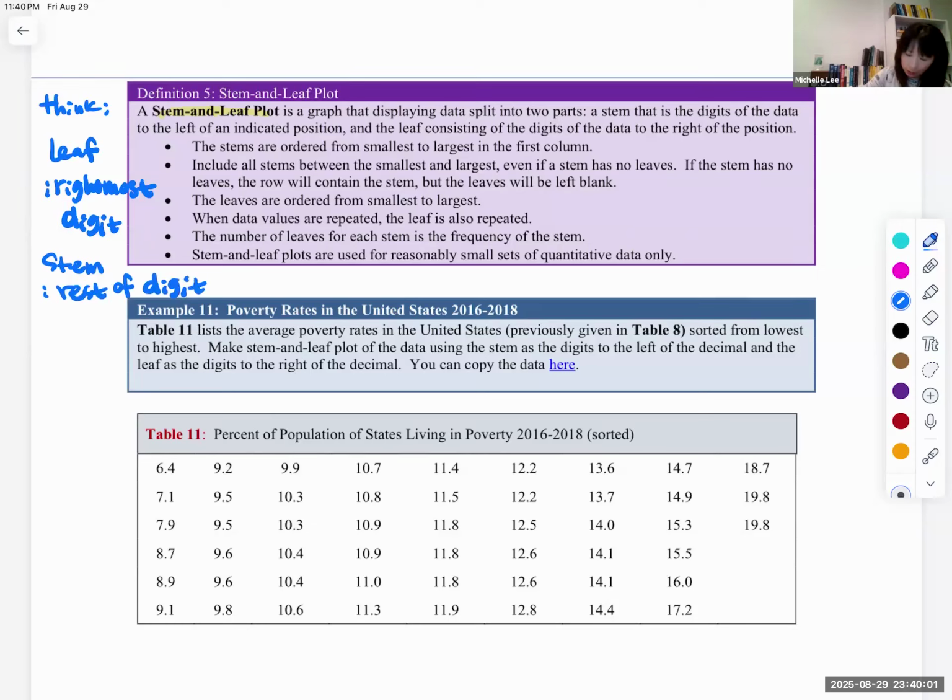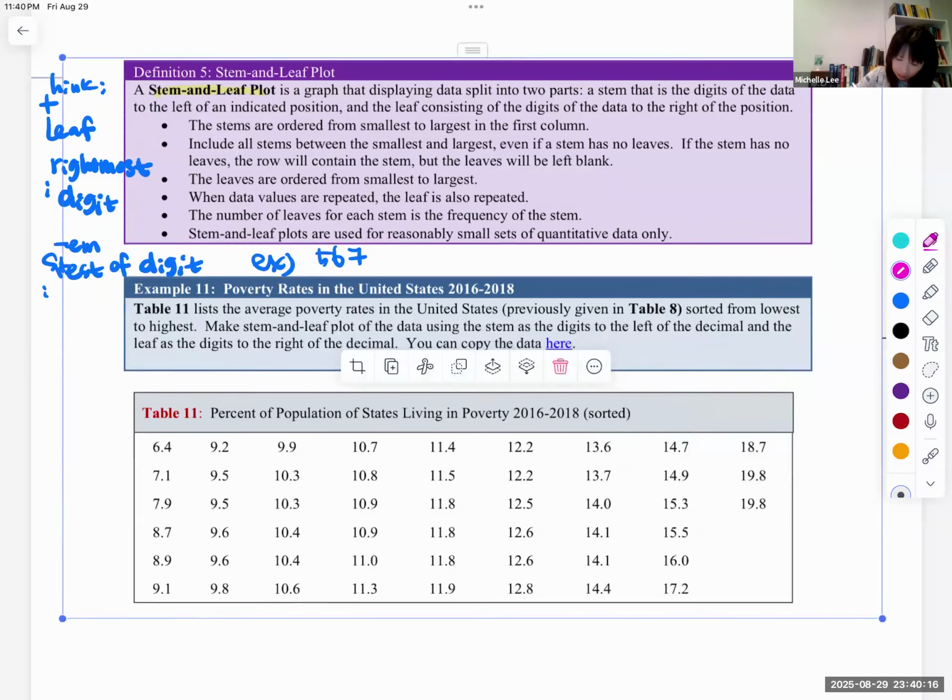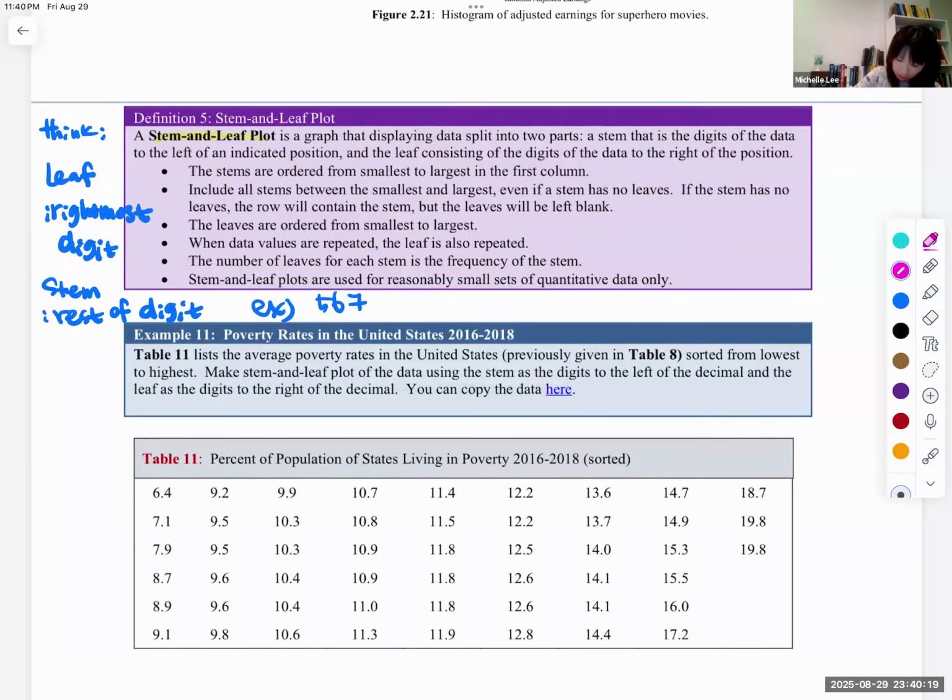Okay, so for example, if we have 5, 6, 7, what is the leaf? 7 is the leaf. Then the stem will be 56. This is the leaf, and this is the stem. Okay. All right.